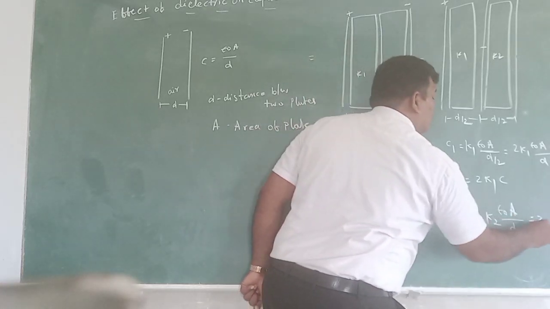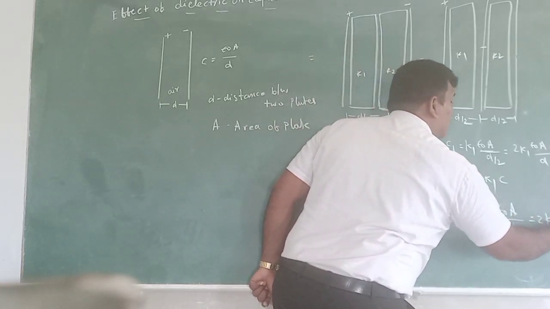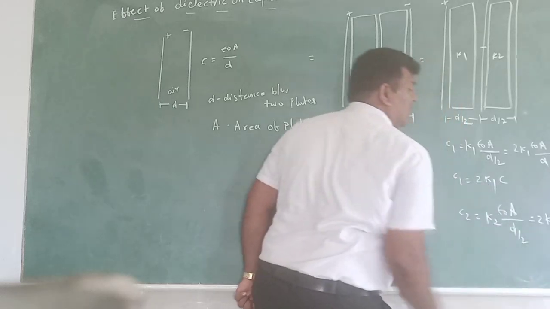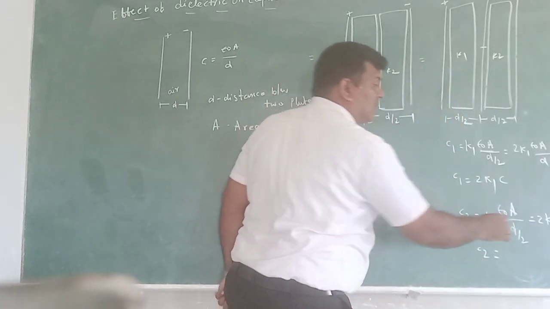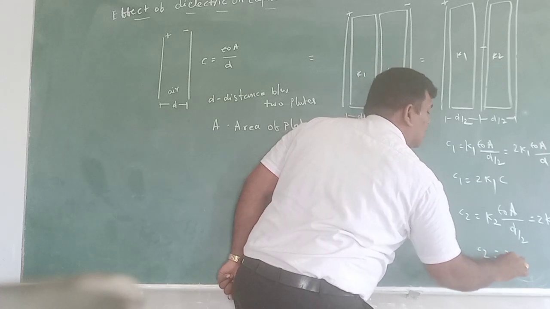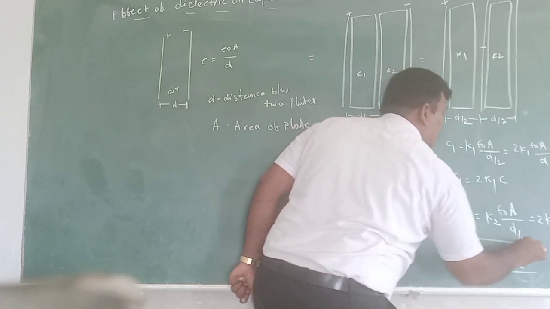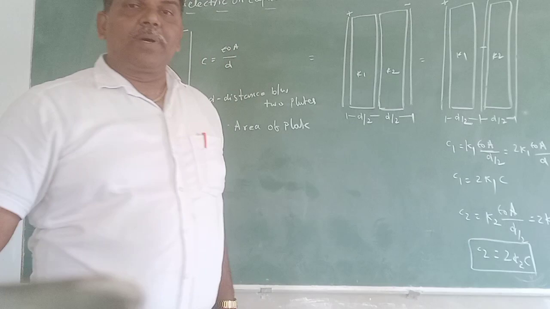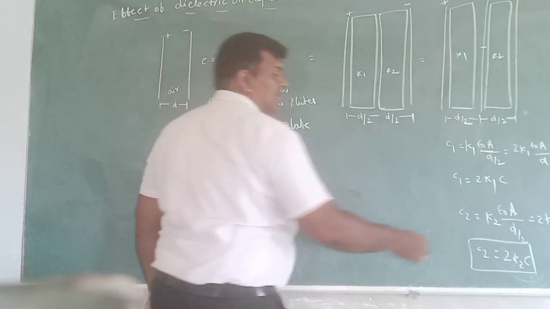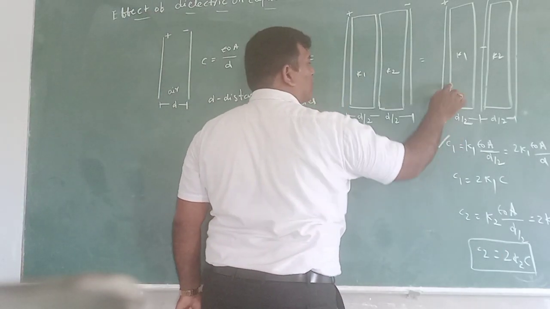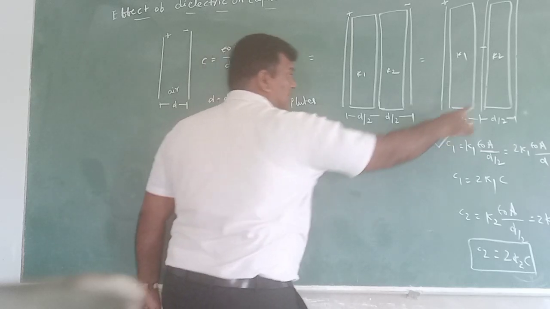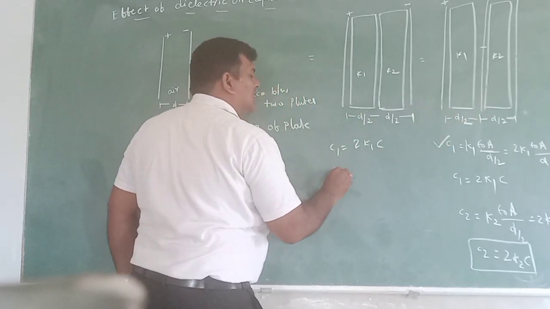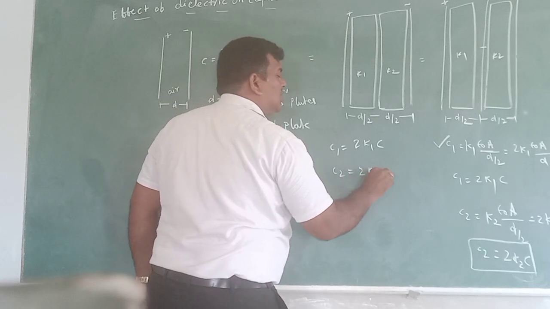Therefore 2 into K2 into epsilon naught A by d. So C2 is equal to 2K2 into C, where epsilon naught A by d is the initial capacity C. So C1 is 2K1 into C, and C2 is 2K2 into C.